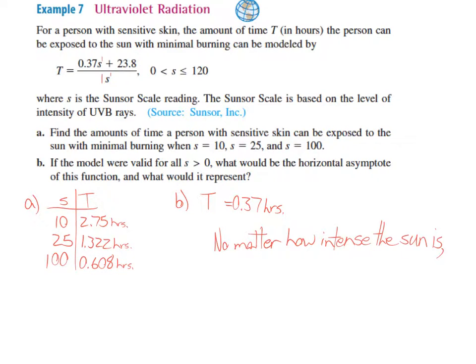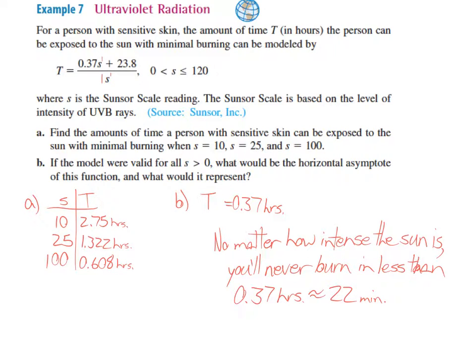No matter how intense the sun is, you'll never burn in less than 0.37 hours, which is approximately, I think we said, 22 minutes or so.